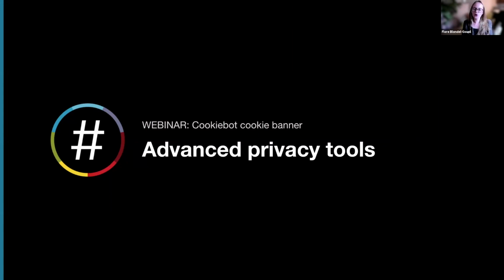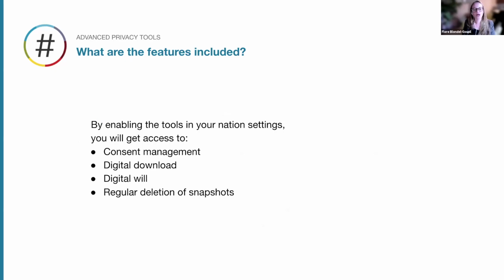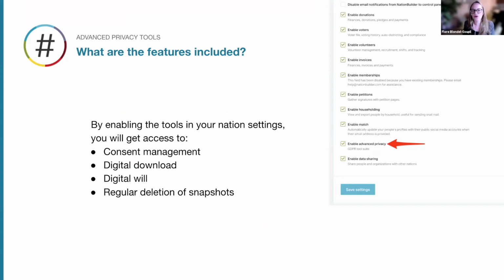Next, I was talking about the tools that we have implemented for the GDPR, and this is actually part of our advanced privacy tools, which are available across the world. These tools are available in your nation settings. You probably have seen those. If you haven't, if you go to your nation settings, you'll see a checkbox that allows you to enable advanced privacy.